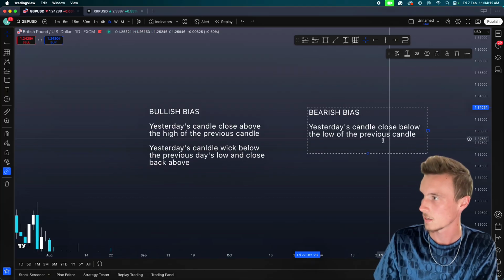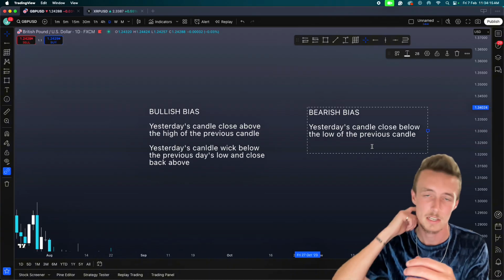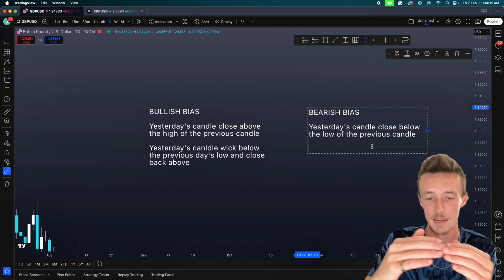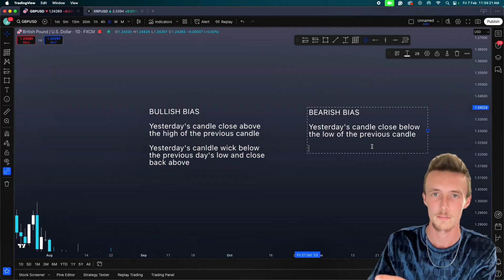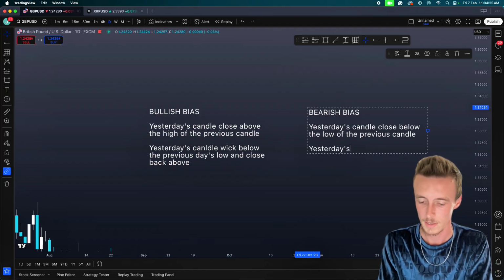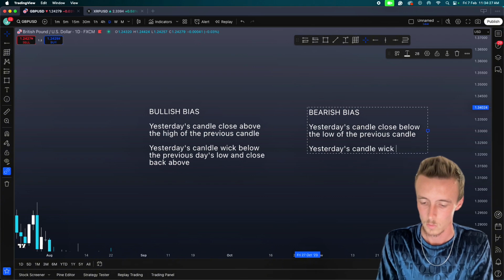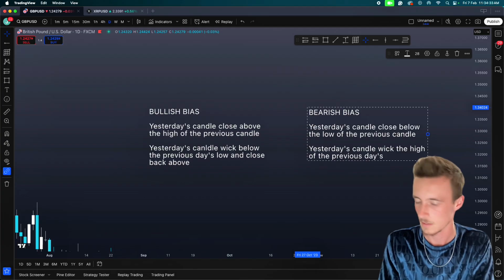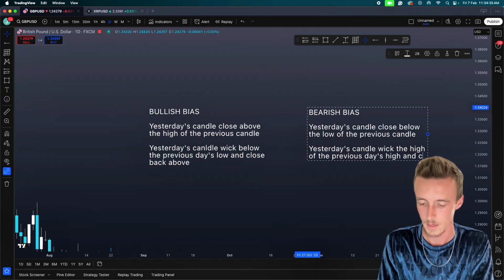For the Wednesday, we are looking at Tuesday's candle, how it reacts with Monday, closing below that low. We would have a bearish bias for the Wednesday, and then of course we would also have yesterday's candle wick above the previous day's high, and close back below it, right?